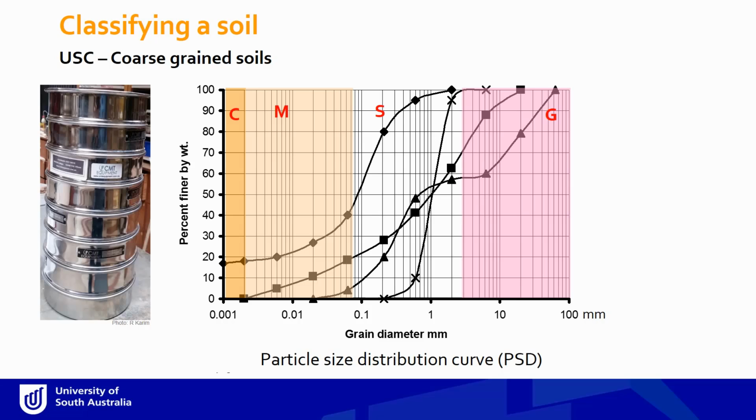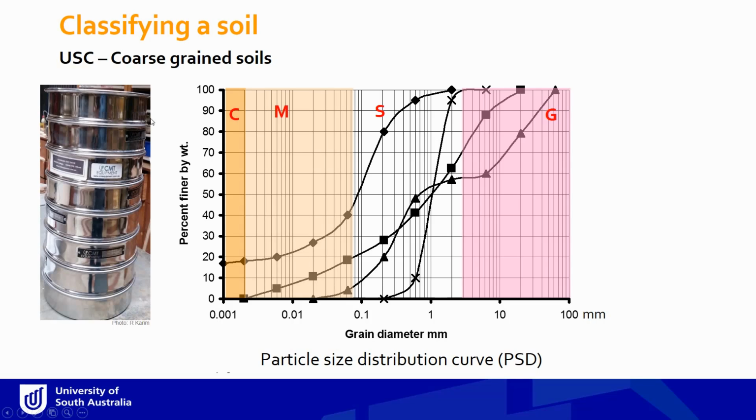It's very simple, straightforward. We have set up this set of sieves, and they have a sieve aperture. As we go down, the aperture reduces. So the biggest aperture will be at the top, and the smallest aperture will be at the bottom. During the test, we take a known quantity of soil, throw it on the top and shake it for 15-20 minutes.